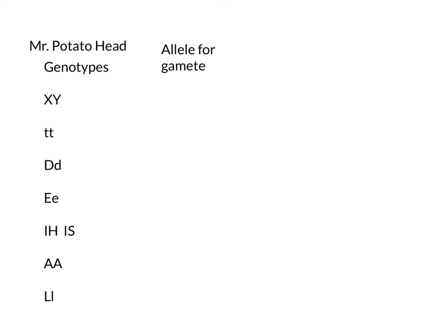So to start, I rolled a head, which means that Mr. Potato Head is going to donate an X to his offspring. For the second trait, Mr. Potato Head is homozygous. That means it doesn't matter which allele he will give.